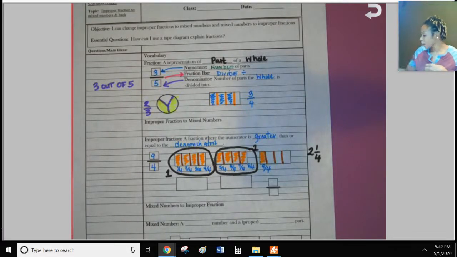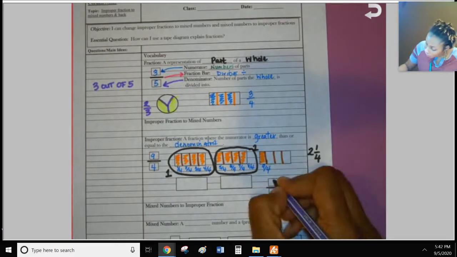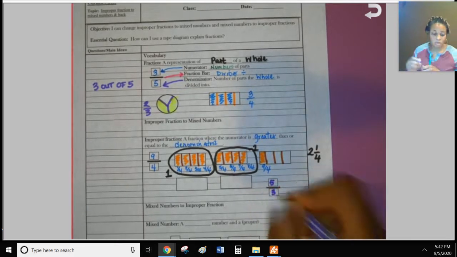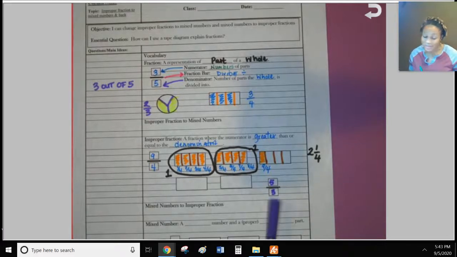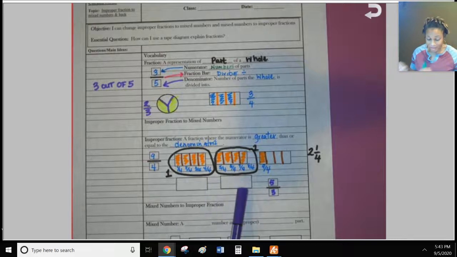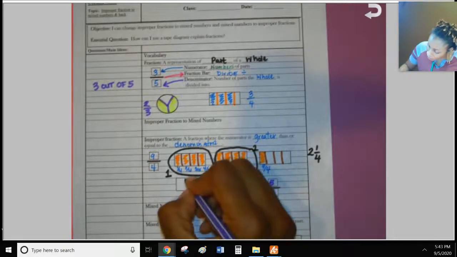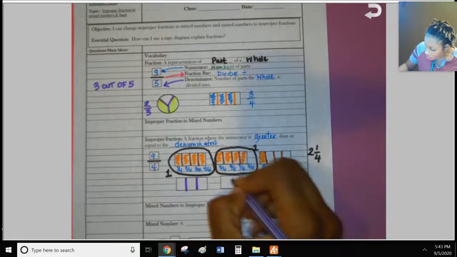So let's try another one. What if I wanted to model 5/3? Again, my denominator tells me how to break up my whole. So I see 2 whole boxes here, and I'm going to break them into sections of 3.